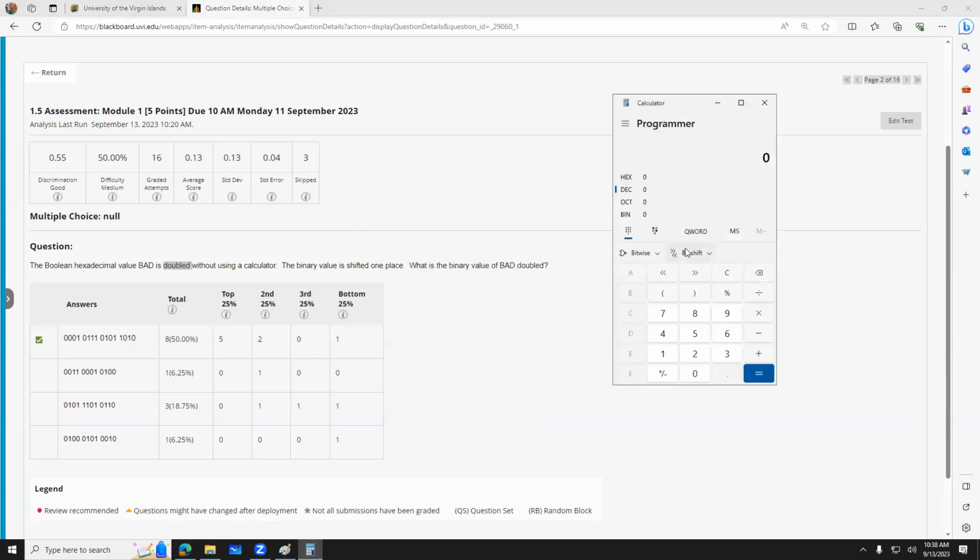Everybody see what I'm doing? I select hexadecimal. I type in BAD, and that's the binary equivalent. So I have the table that shows that Bravo, or B, is equal to 1011. Alpha, we already know, is 1010. If you've been memorizing that table, there should be a distinct pattern there.